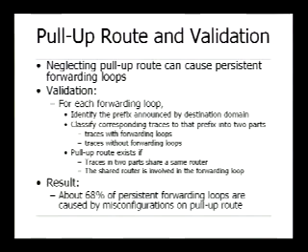For a destination domain, if some traceroutes can reach the destination but some have forwarding loops, and these two traces share a router inside the destination domain, we consider this case a pull-up route. From our results, almost 70% of persistent loops are caused by misconfiguration of pull-up routes.